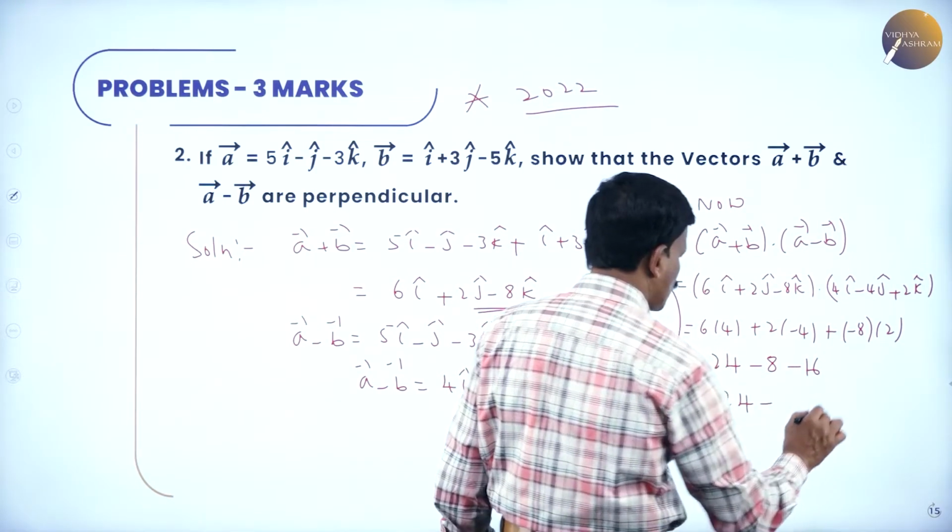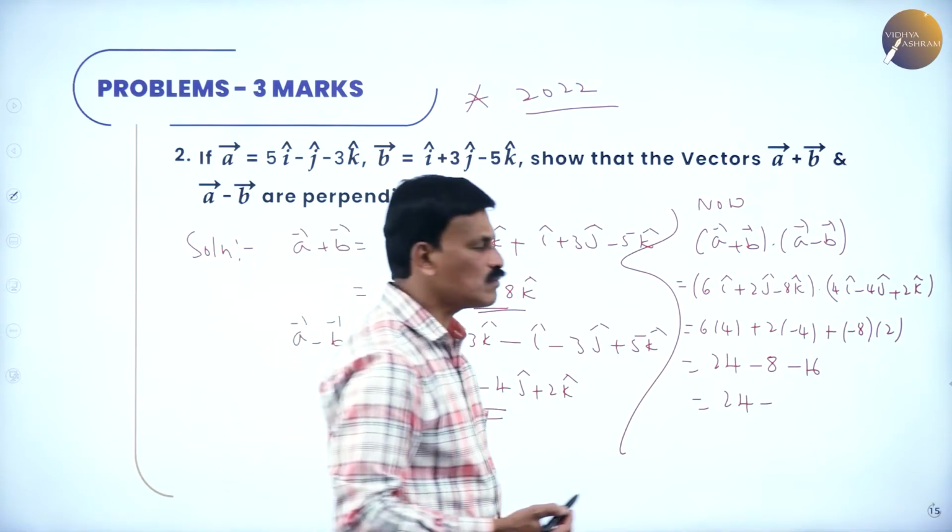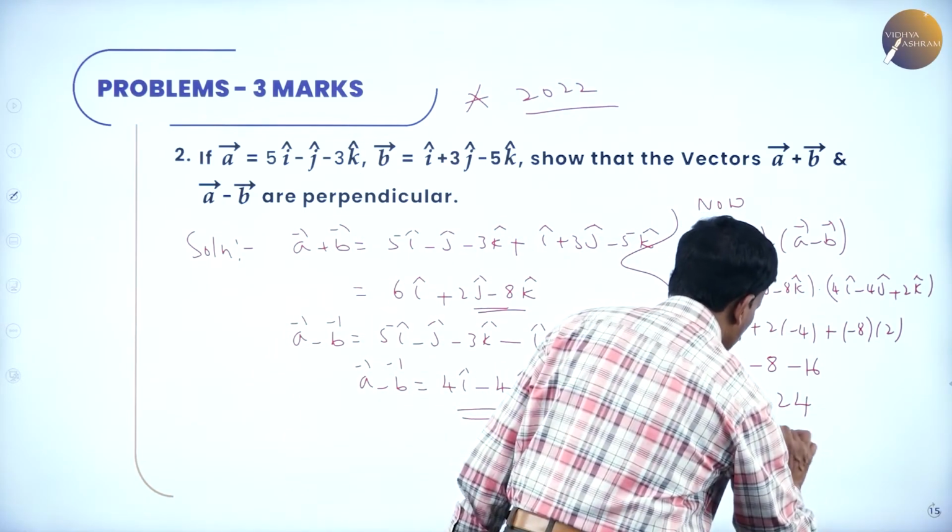This is 24 minus 8 minus 16, which is minus 24. 24 minus 24 is 0.